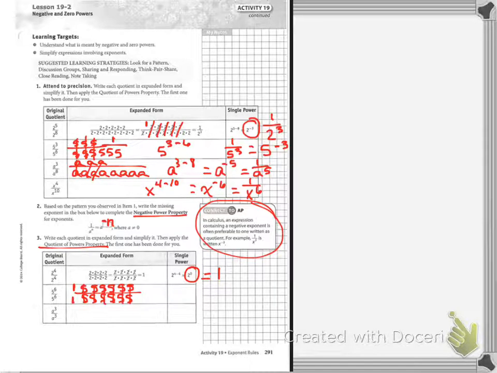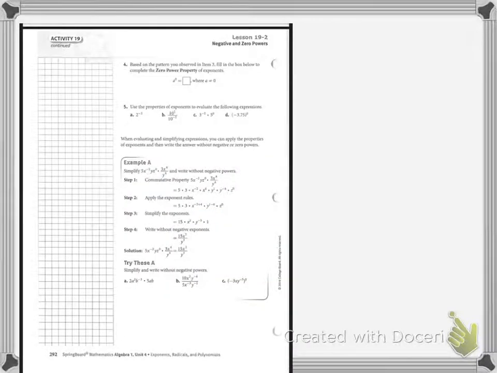So all of these will equal 1 because this is 5 to the 0 power, because 6 minus 6 equals 0. So anything to the 0 power is 1. It doesn't matter what the base number is. So when we look at this on the second page, a to the 0 is equal to 1. Always, always, always.